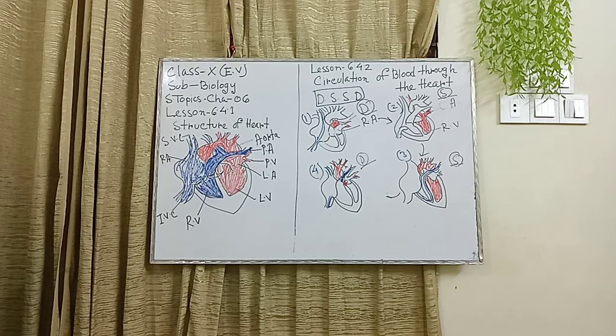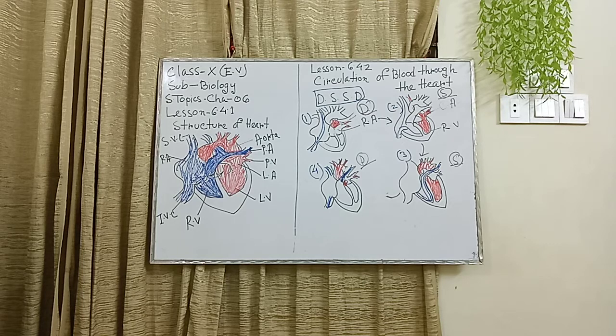Now, our another topic is lesson 6.4.2, and 6.4.2 is the circulation of blood through the heart. Everyone see the board. I also give the four diagram.